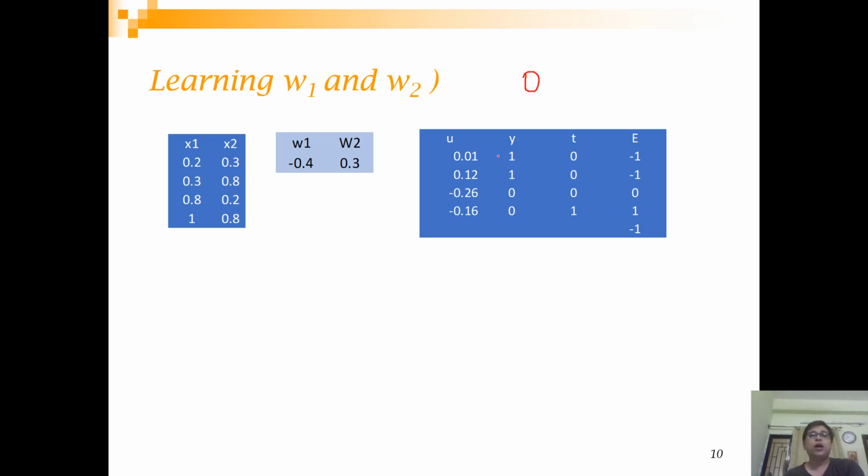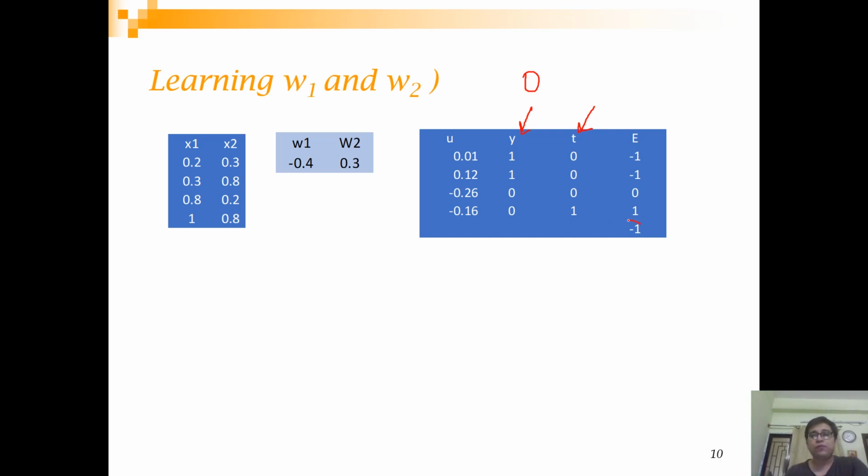If it is positive we give the value 1, if it is negative we give the value 0. These are the values that your neural network is producing, and this was the actual thing that was expected. So t minus y is the error, right? For the first one the error is -1, for the second one the error is -1, and that way for the last one the error is 1.